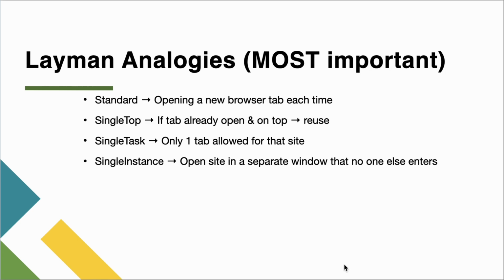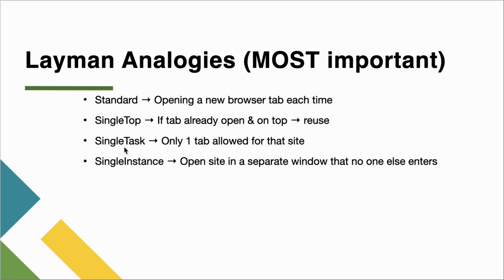Okay, so the layman analogy: the most important thing is to understand and always remember what is what and how to use which one. Standard is basically opening a new browser tab each time. No matter if the browser was already open, you will end up opening another tab. SingleTop: if the tab is already open and on the top, then you reuse it.